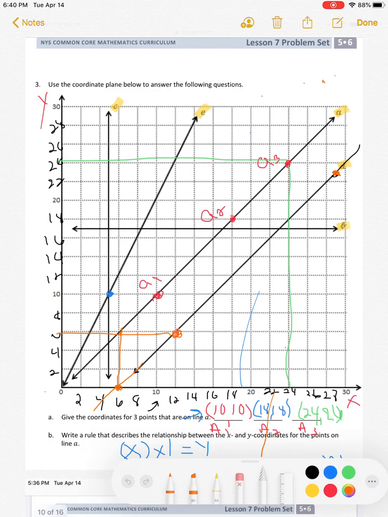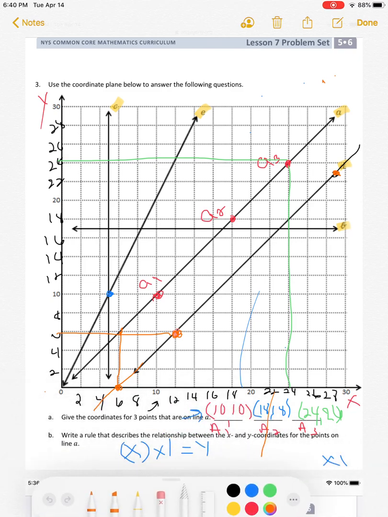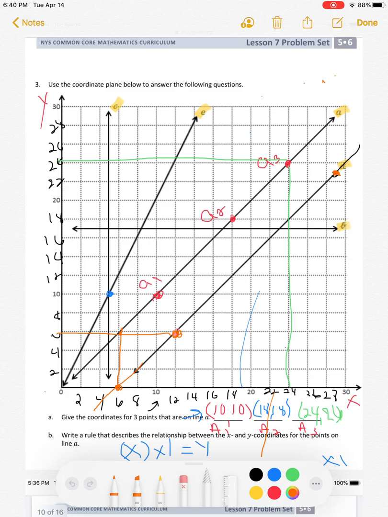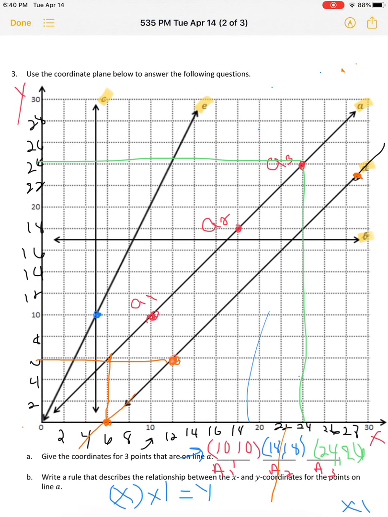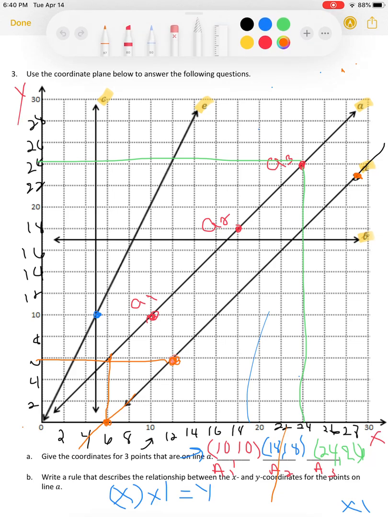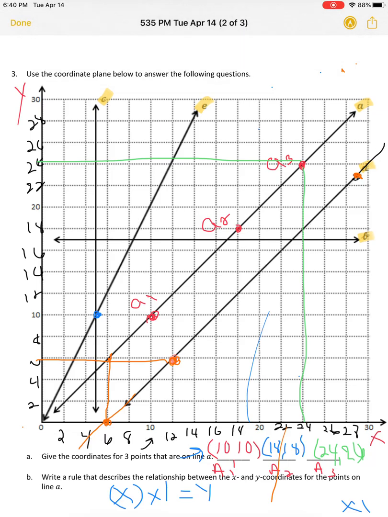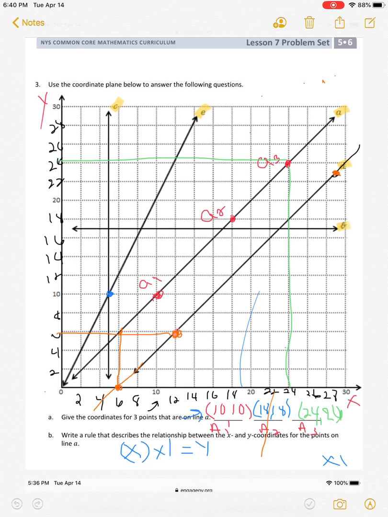I'm going to go to 20 on the x-axis. And I believe it said 14 on the y-axis, which would be here. And that particular line is line D again. Very good. So let's go back.